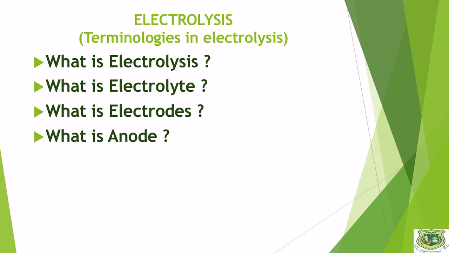Anode is the positive electrode by which conventional current enters or electrons leave the electrolyte. Cathodes are negative electrodes by which conventional current leaves the electrolyte or by which electrons enter the electrolyte.